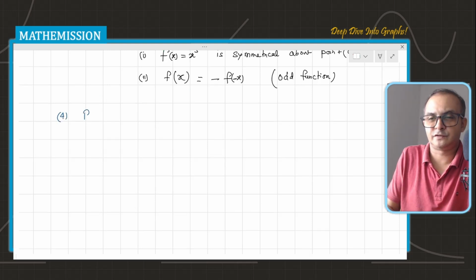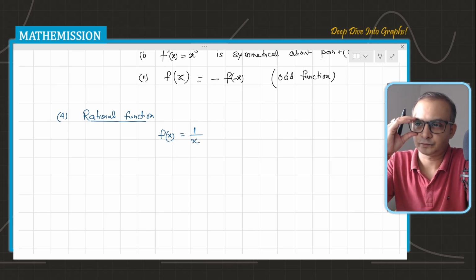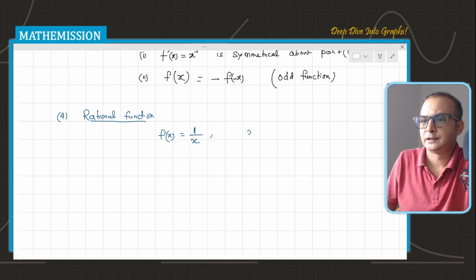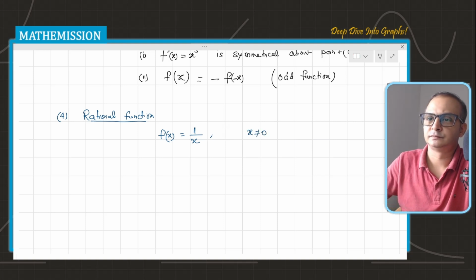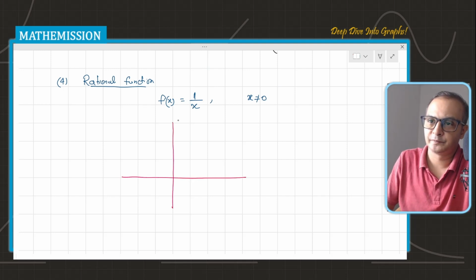Now comes the rational function. In rational functions, the basic graph I want to convey the nature of is 1 by x, where x cannot be 0, and it is actually known as the rectangular hyperbola, whose graph is like this.